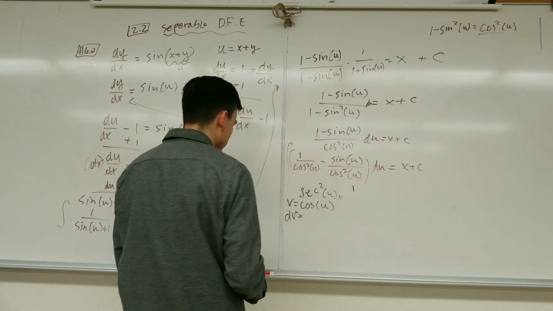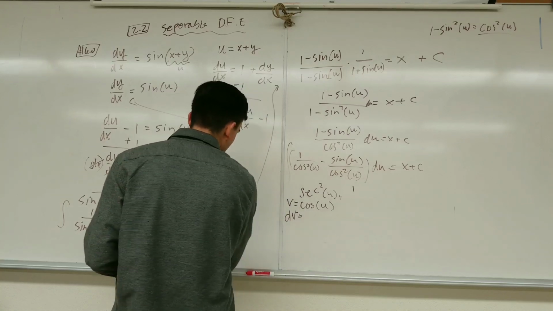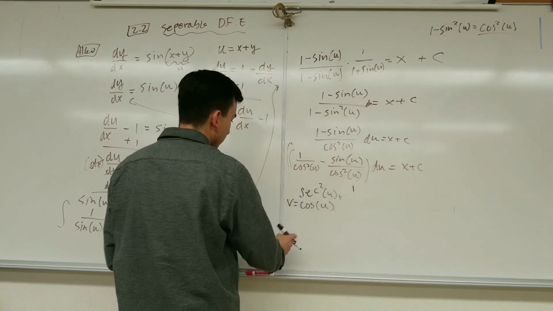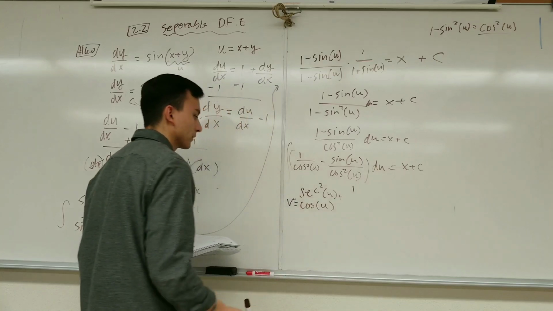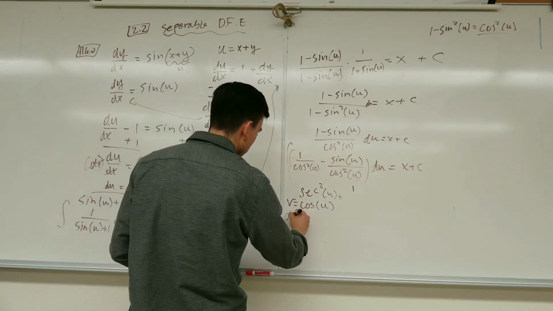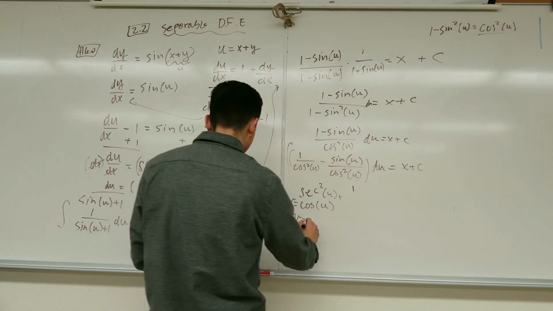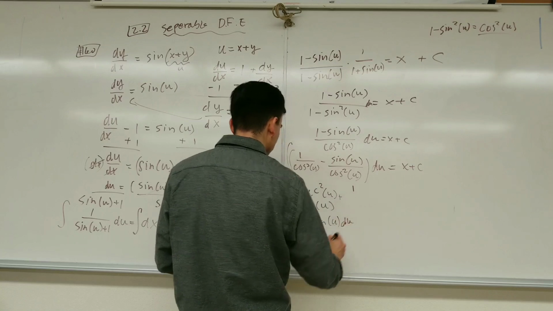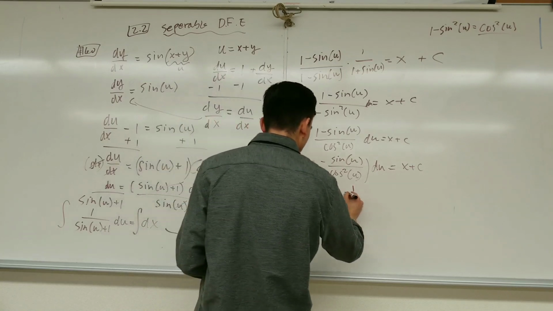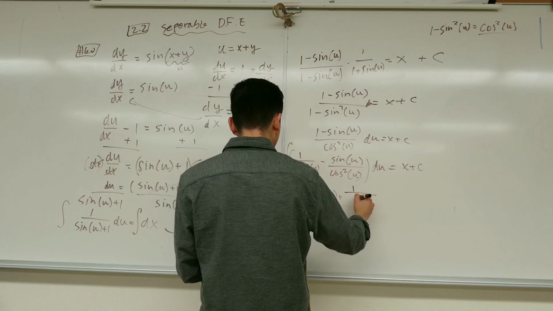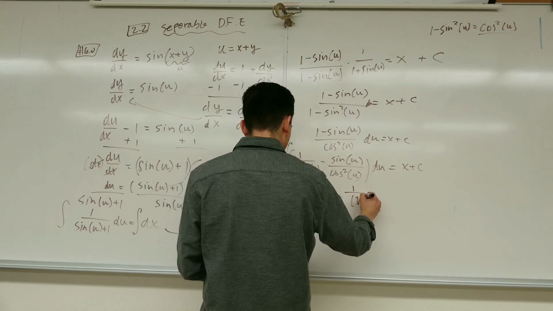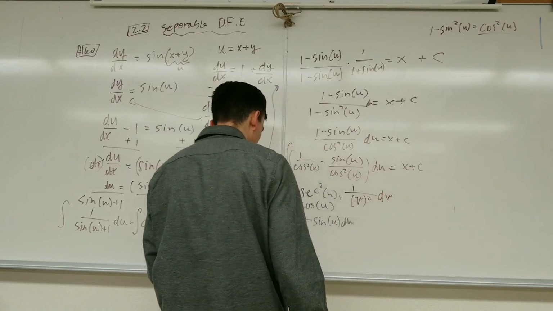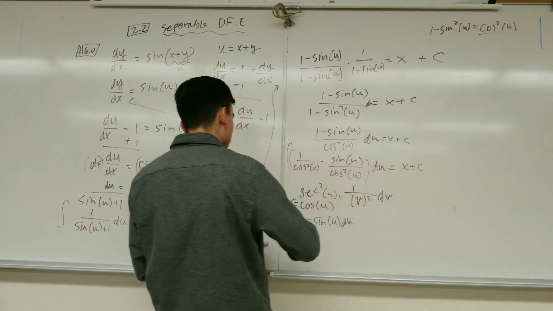basically what I'm going to do is a u sub to integrate this, but I don't want to use a u, so I'm going to use a v, right? So dv equals negative sine u du. So now what I'm going to have is 1 over v squared dv. Okay, so great. What does that mean?